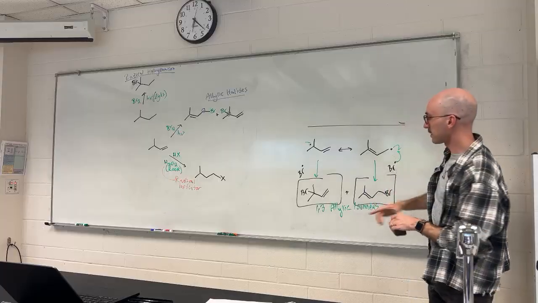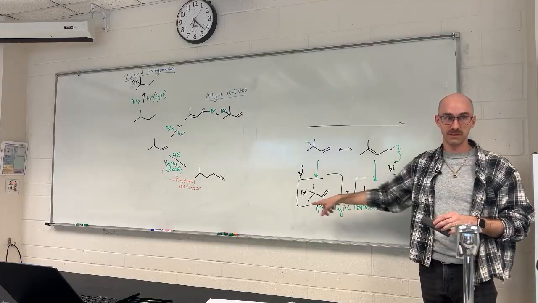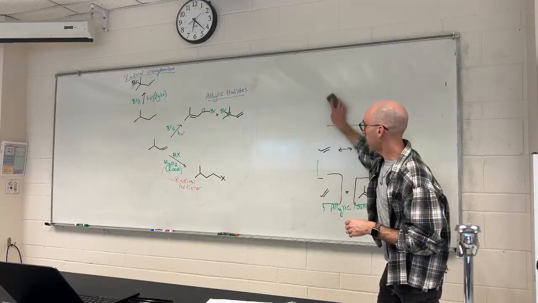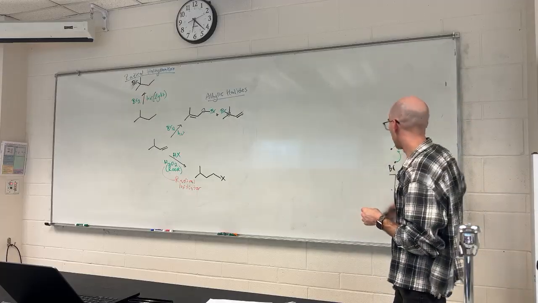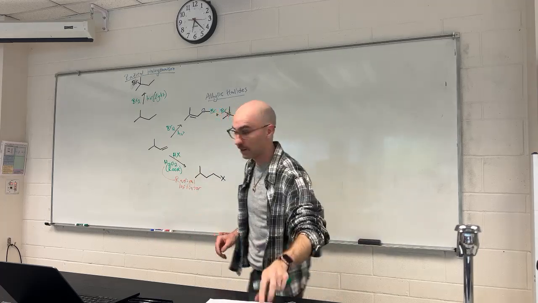All right, just because I'm erasing this doesn't mean I'm not going to come back to ask you about stability. So keep thinking about how could you compare the stability of those two products. All right, I want to show you this mechanism because I think it's cool.